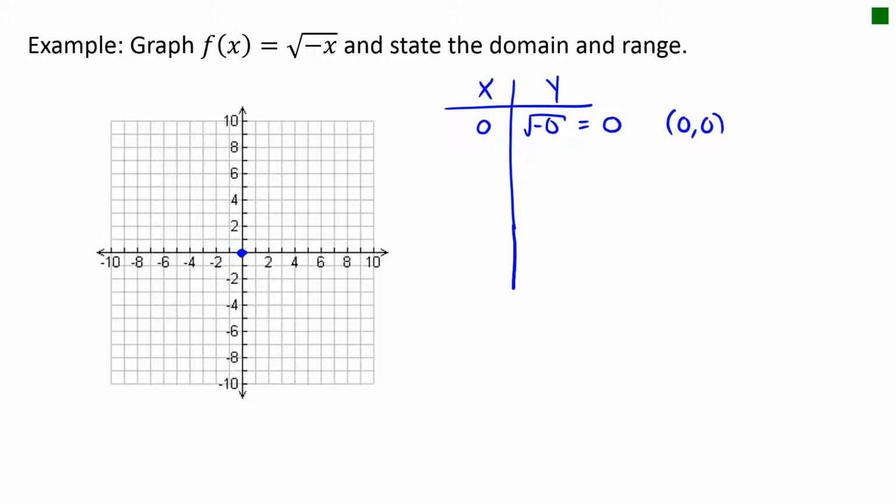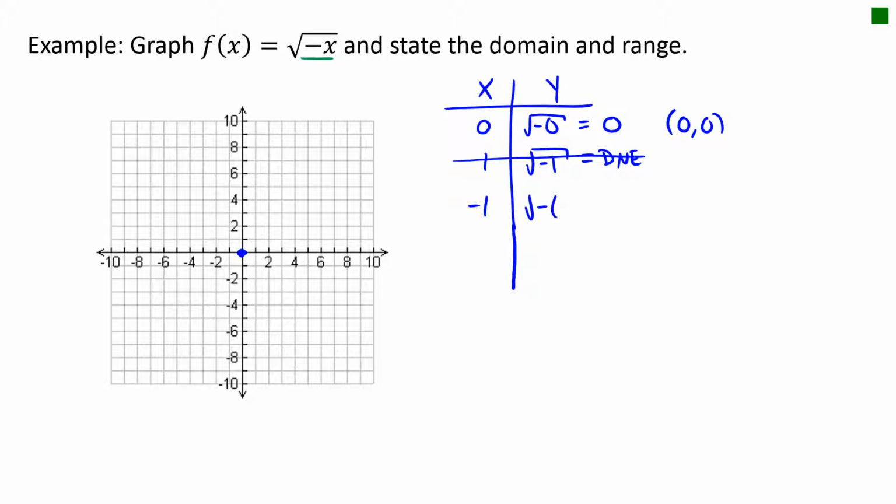If we were to pick x equals 1, we would have the square root of negative 1. So this would be a bad value to pick. So we're not going to choose that one. Instead, we'll have to think, well, that negative in front of the x here in the function is reversing the value of x. So instead, I'm going to pick an x value like negative 1.